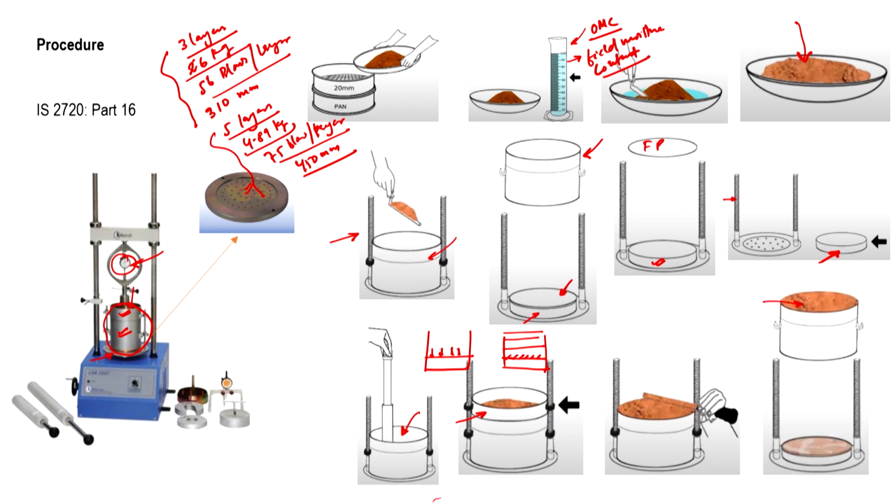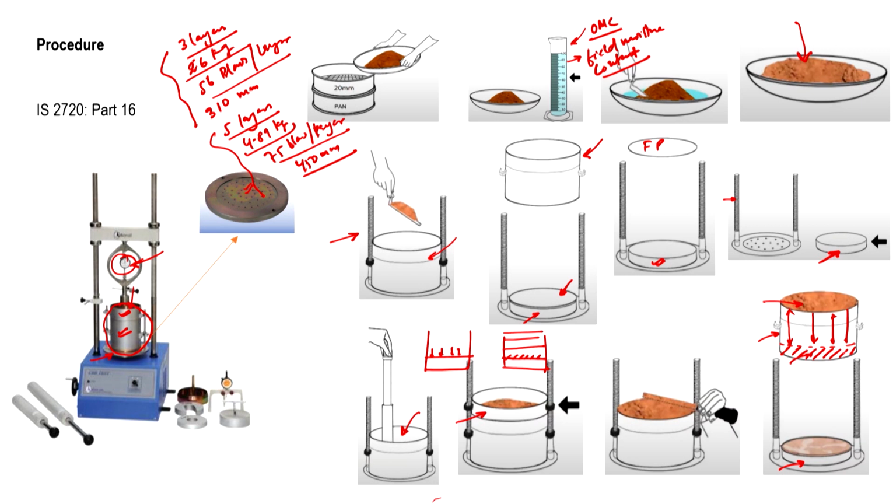Then we remove this sample. Before compaction there was a spacer disc here, which means the compacted specimen is only up to this height and this height is empty now. This was the purpose of using the spacer disc, to create a space here.